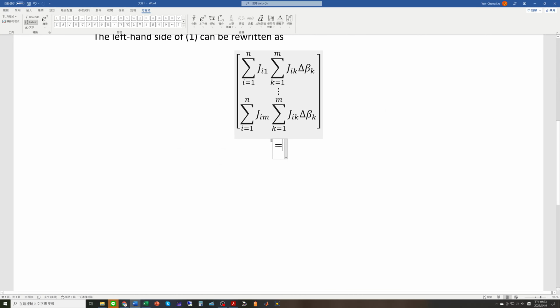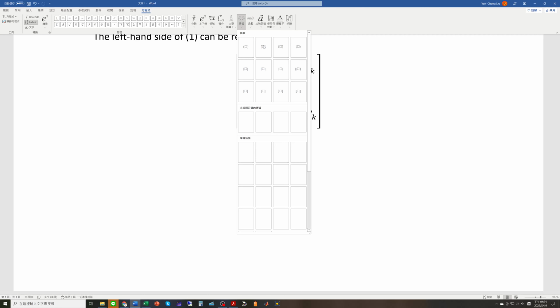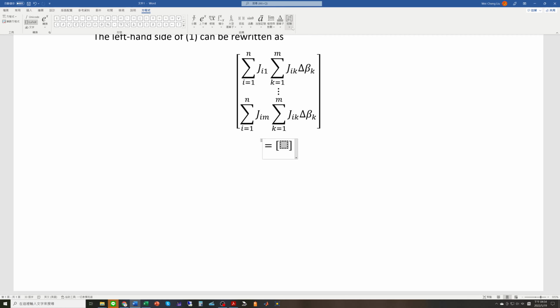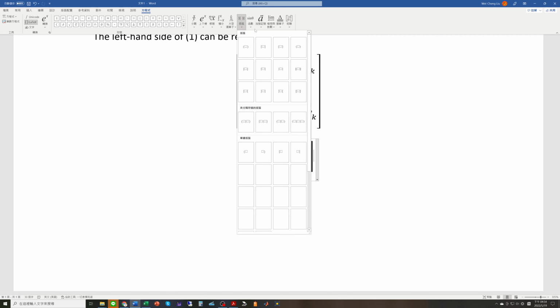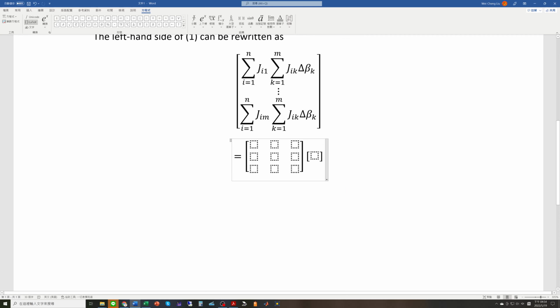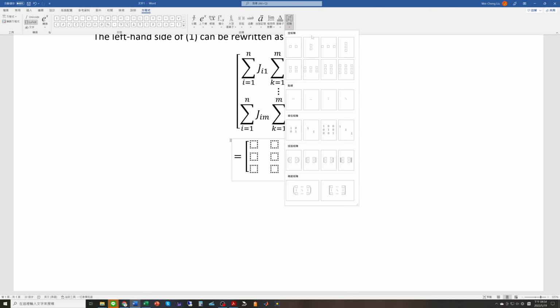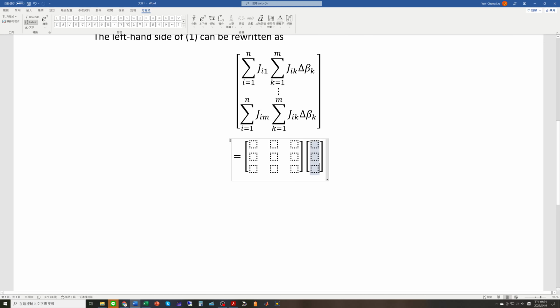So first we need to decompose this vector into a matrix multiplied by a vector, like this.